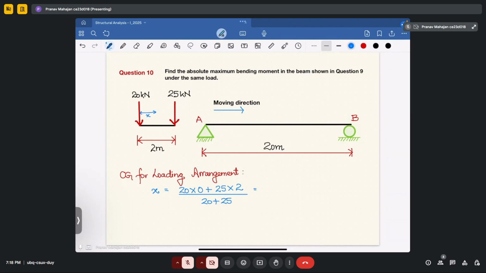It will be 50 upon 45 equal to 1.11 meter. So that means your x, the CG of the loading arrangement, is at a distance of 1.11 meter from the 20 kilonewton load.